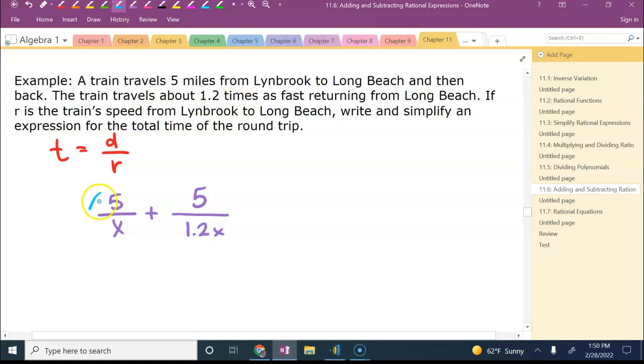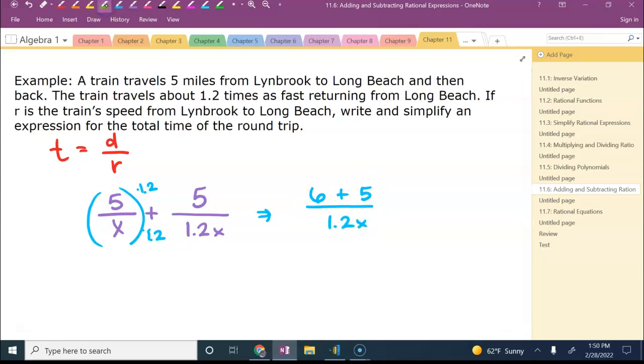So this is very similar to that one up above. I have to take this first fraction times 1.2 on the top and on the bottom in order to get that 1.2x. So 5 times 1.2 is going to be 6, and then we have 6 plus 5 all over this 1.2x now. And so this simplifies to 11 over 1.2x.